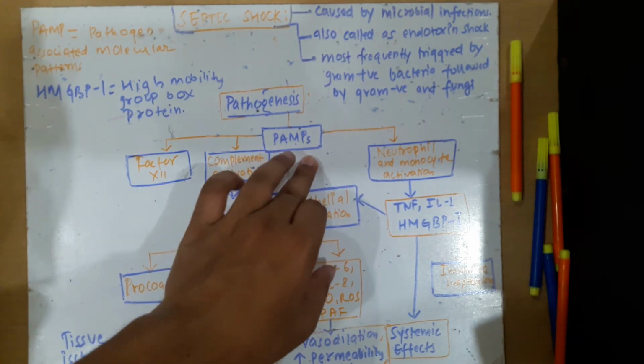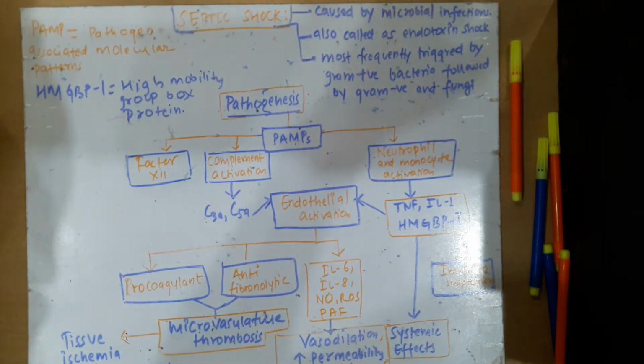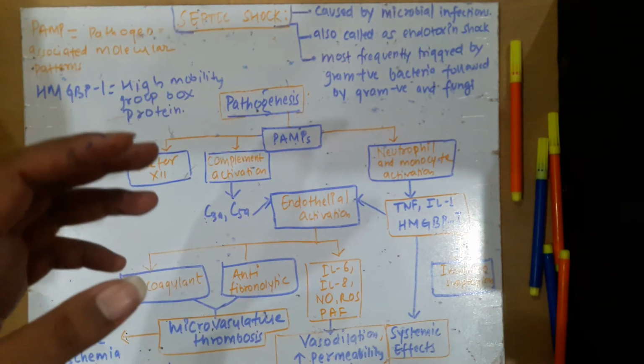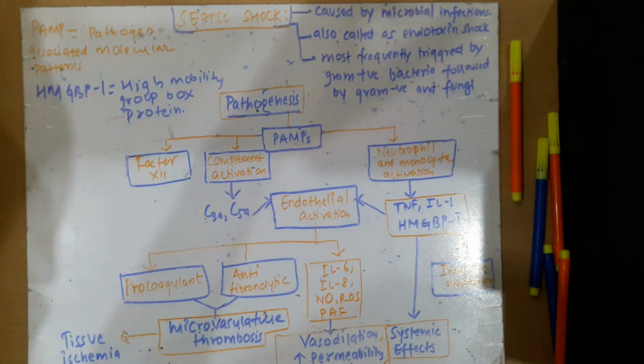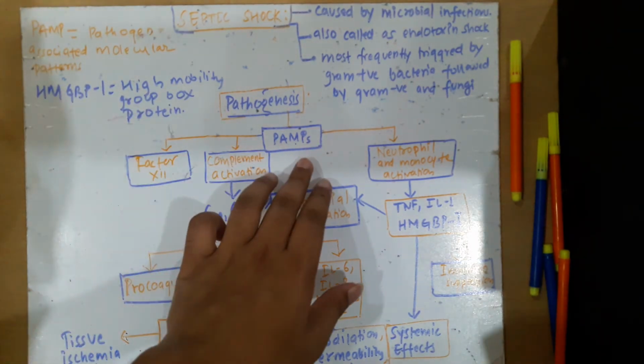And not only toll-like receptors, there are G-protein coupled receptors that also detect bacterial peptides, okay.